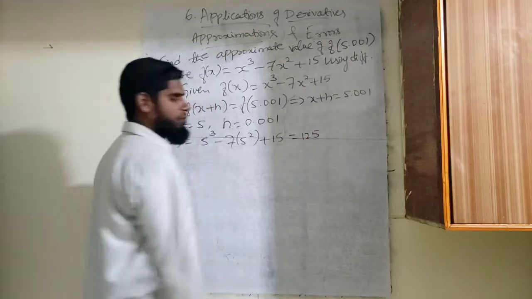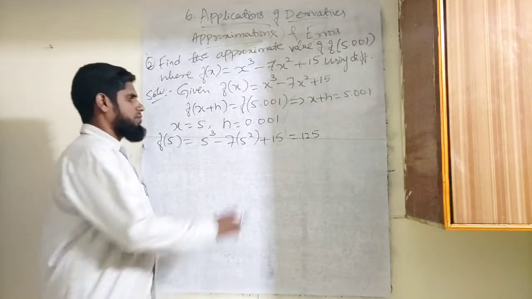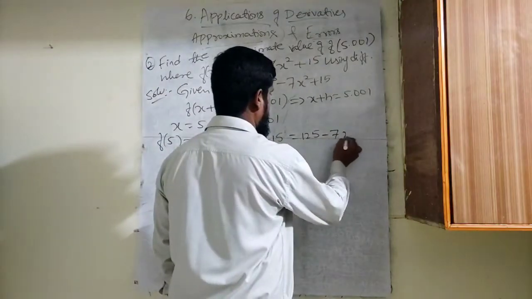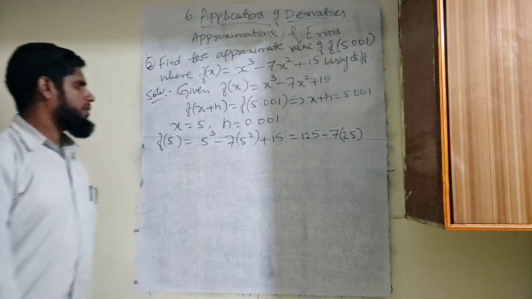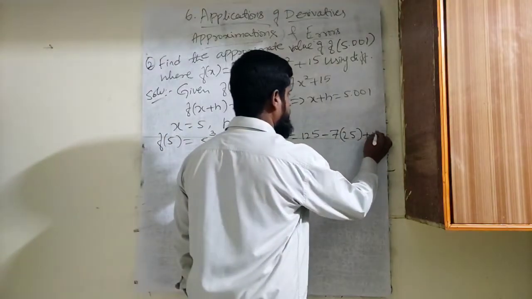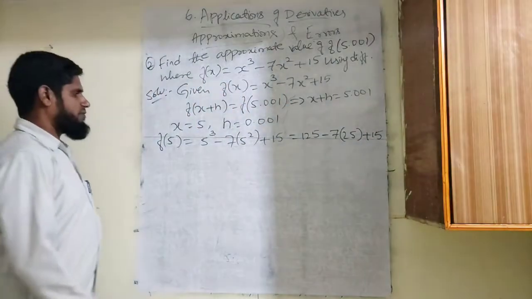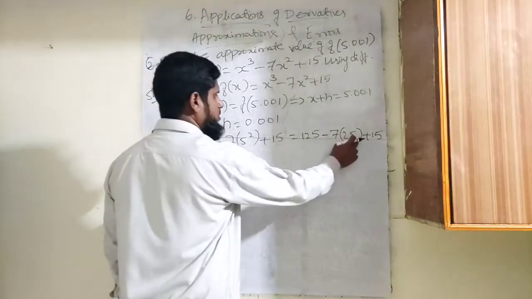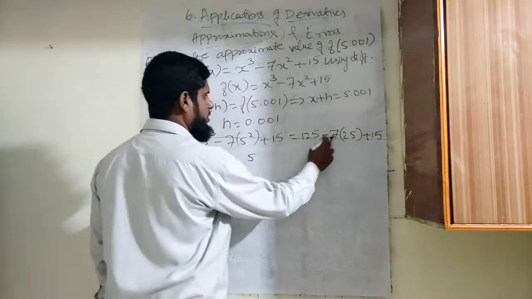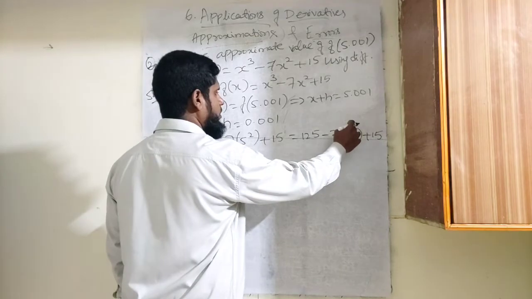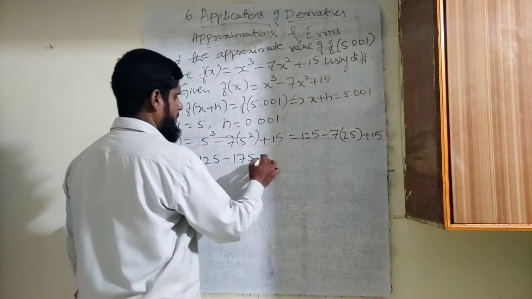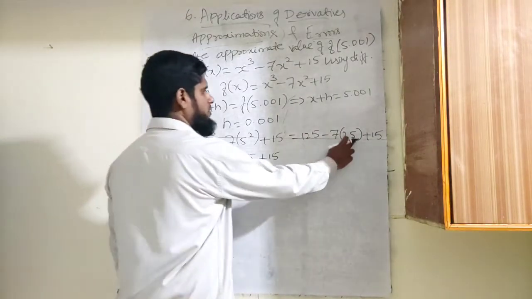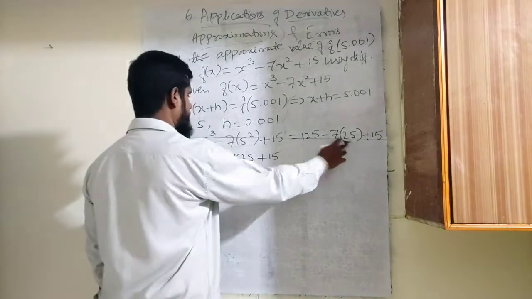It is 125. 5 square is 25, plus 15 as it is, no changes here. Then finally what do we get? 125 minus 7 into 5 is 35, 3 carry, 14 and 3 is 17, plus 15. Yes, correct.